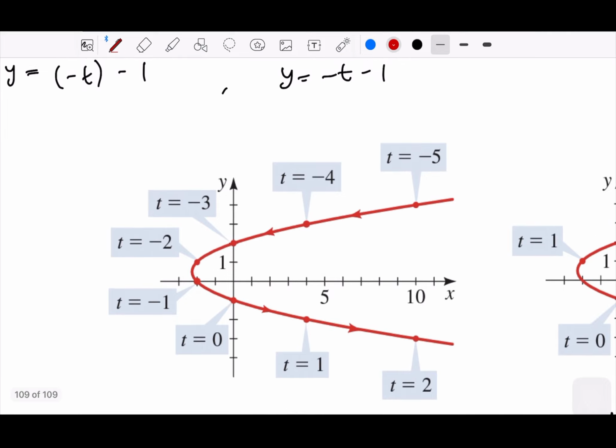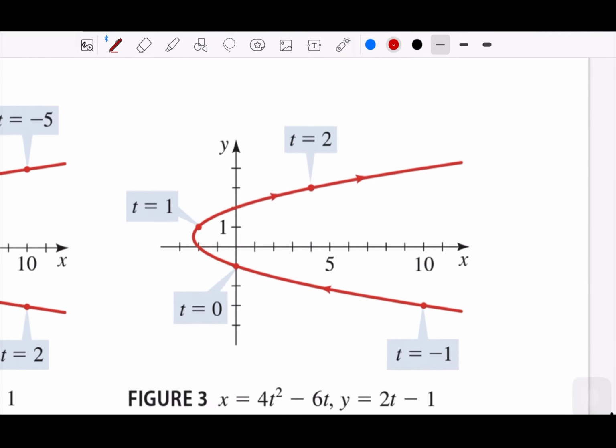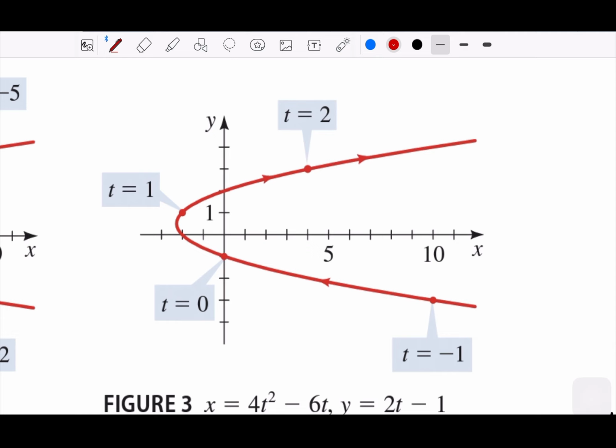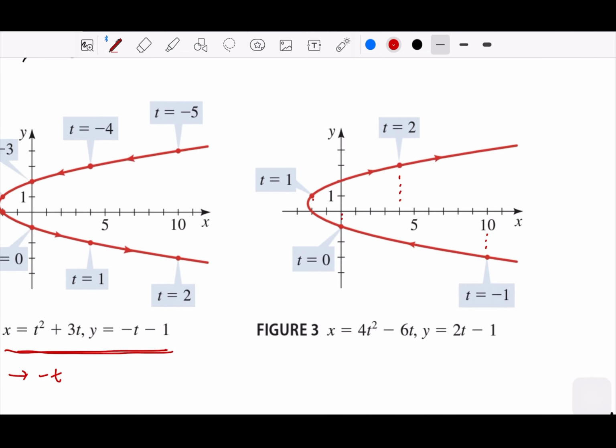And then for the second curve, if we take possible t from negative 1, 0, 1, 2, we see that the conclusion is it's twice the curve, twice the first, original curve, because we changed t into 2t.